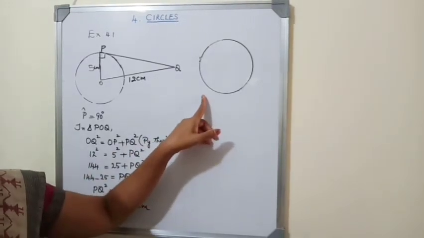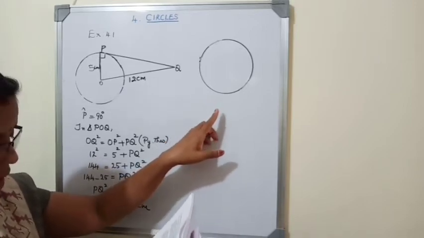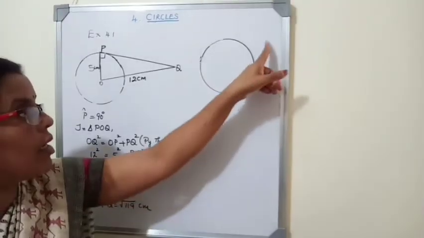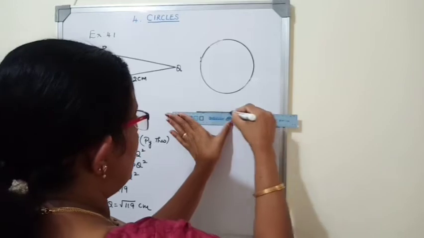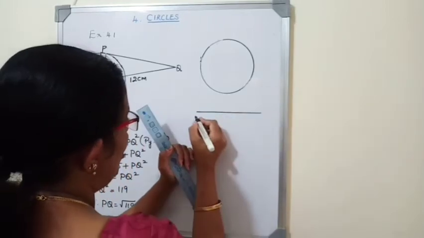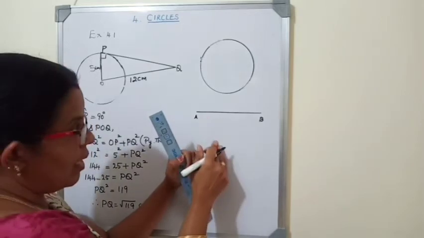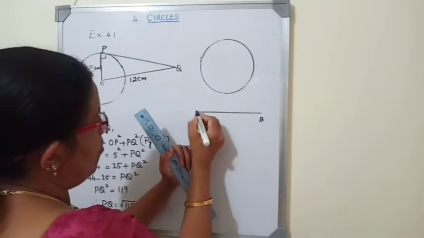Two lines parallel to a given line such that one should be a tangent and another should be a secant. So if I draw a line here, this is the given line. So AB is the given line. To this line, we have to draw one secant and one tangent which are parallel to this line AB.